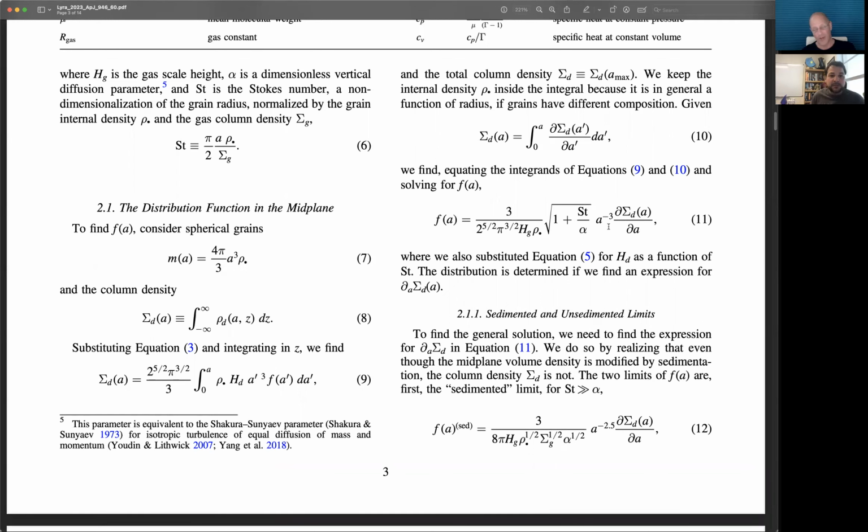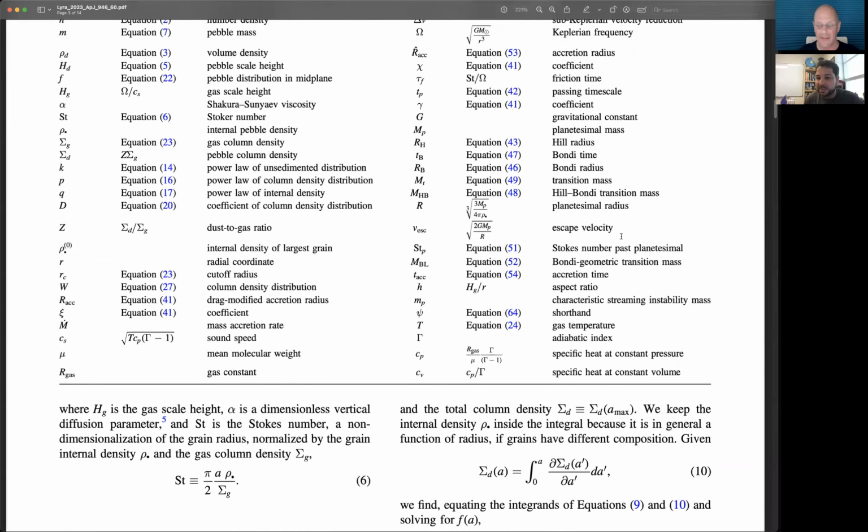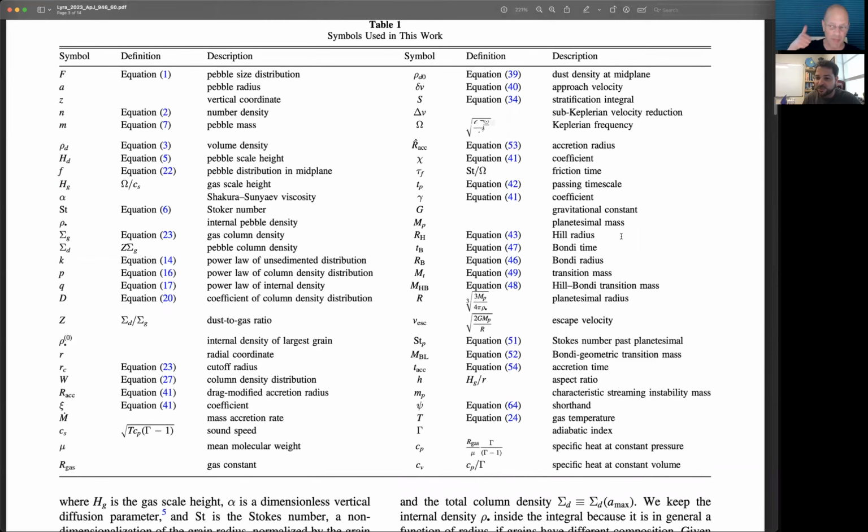What is it that is showing there? So sigma is the distribution of dust. I mean, the column density of dust. By the way, this is something that I do in my articles. If you scroll up, you're going to see a table of all of the symbols. Beautiful. That's a table of all of the symbols used in this work.